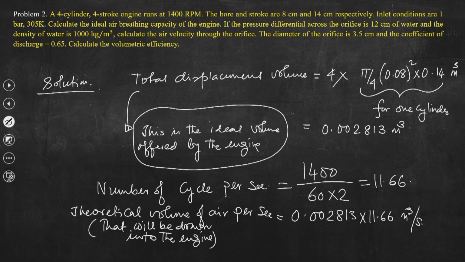If we calculate it, we get 0.0328 meter cube per second.